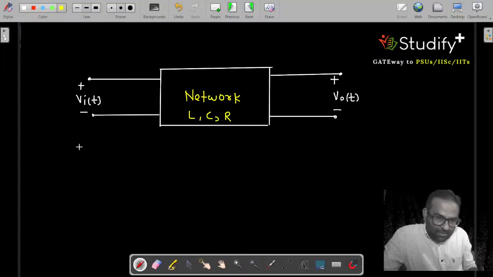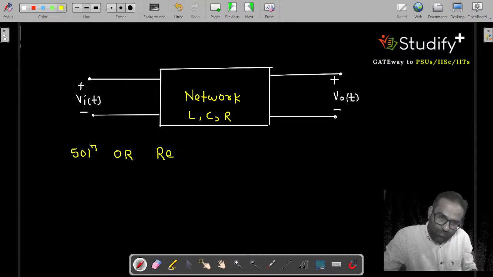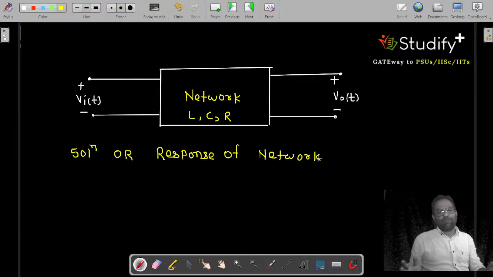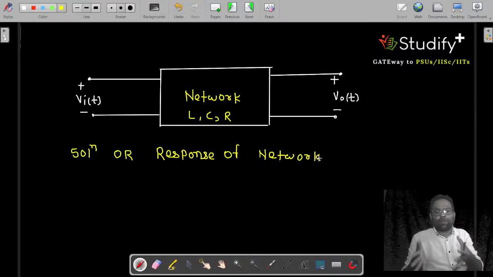So the y of t, the solution or response of the network, can be divided into two parts. Whenever you apply input, there can be two types of output. First, when you change your input abruptly, the reaction to that abruptness is one thing, and steady state output is another thing.